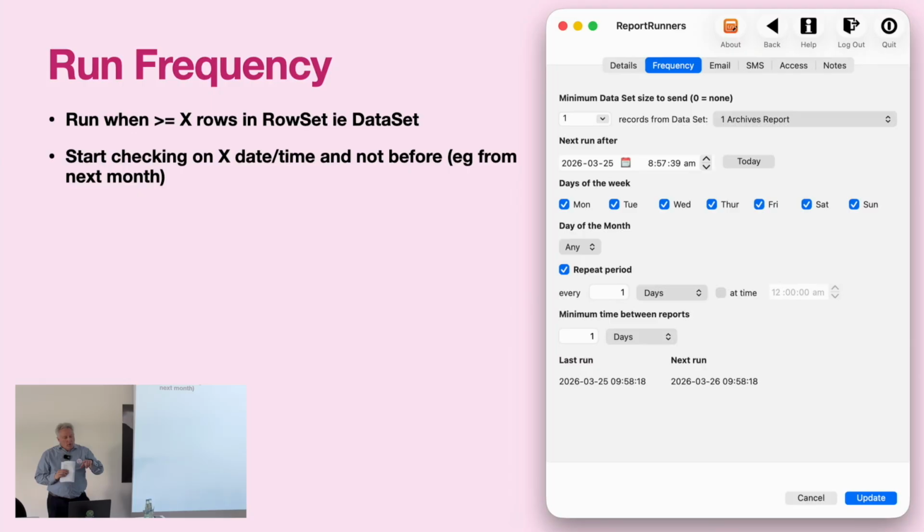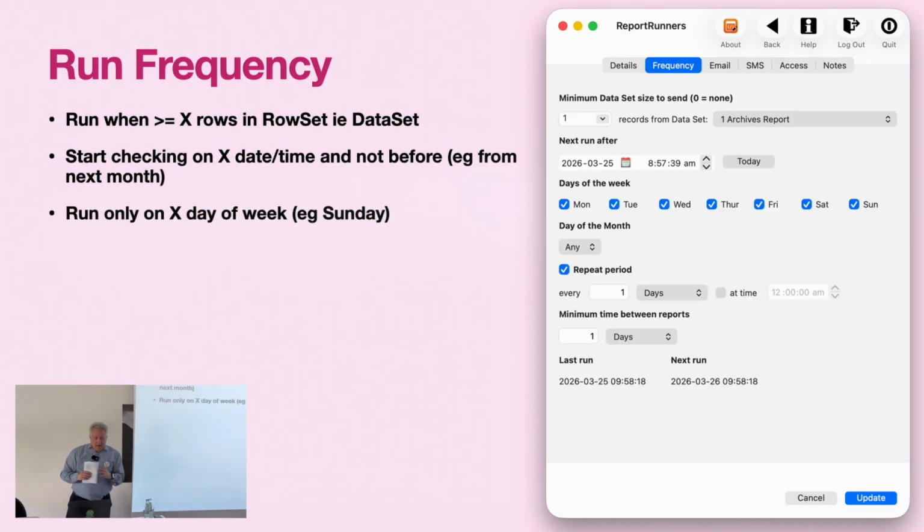You may want to have a particular date that it'll only run after. So if you want to set it up, but say, okay, I don't want it to start yet, I want it to check every day, every minute or hour or whatever, but don't start until the 1st of next month, you can put an absolute date in there. So that stops it just doing a machine gun straight away if you don't set things up right.